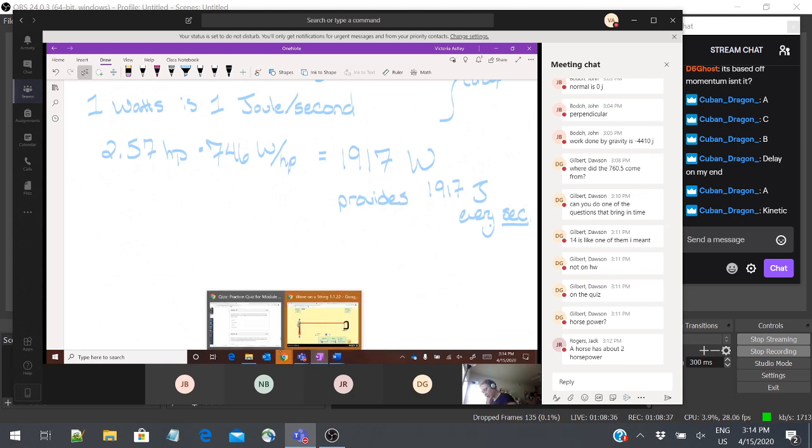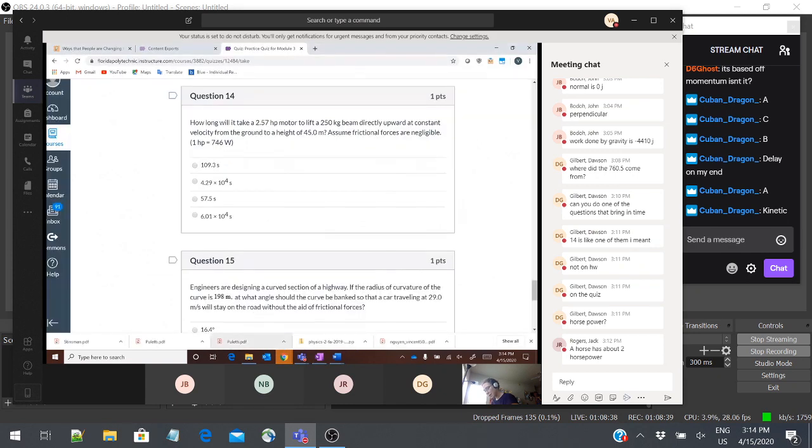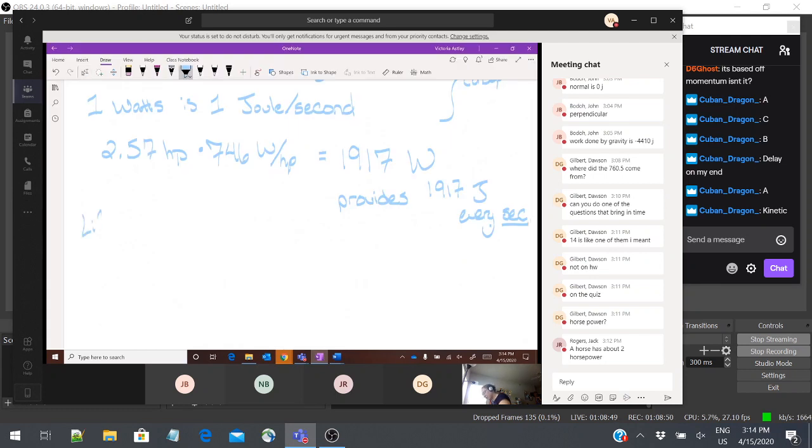We are lifting a 250 kilogram beam up to a 45 meter height.